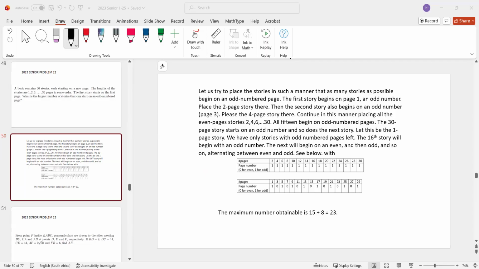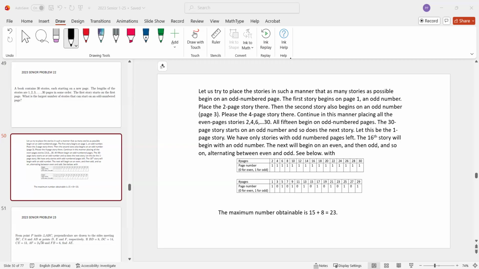The ones represent, here, page number 0 for even and 1 for odd. So all these become odd. See, so when you come to the 30th one, you put the 30-page story here. So we finished all the evens, and now the next one after 30, you place the 1-page story.